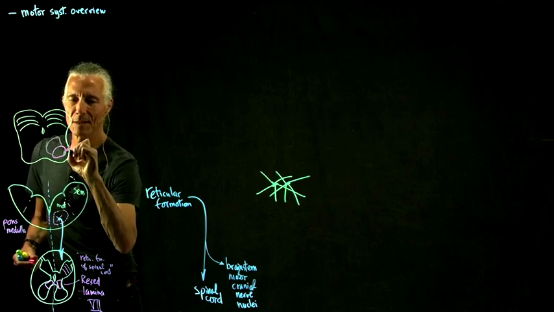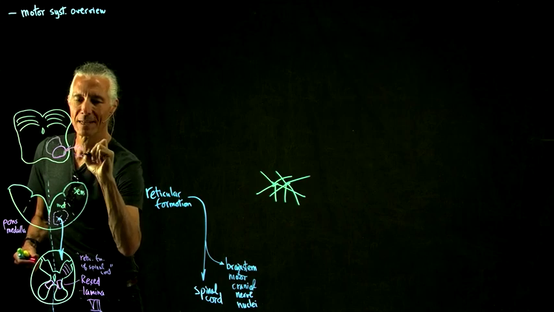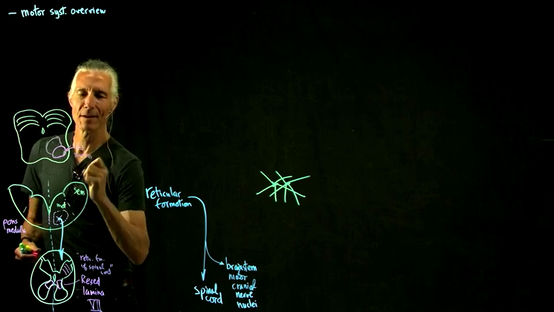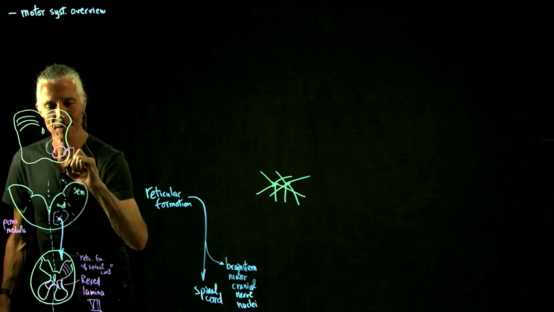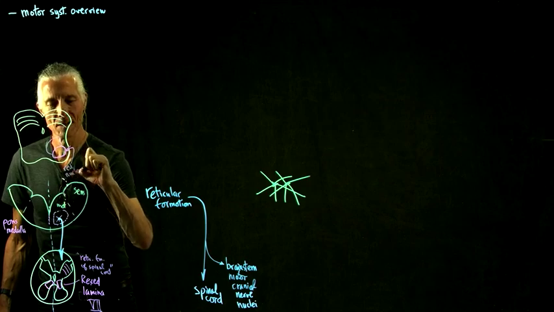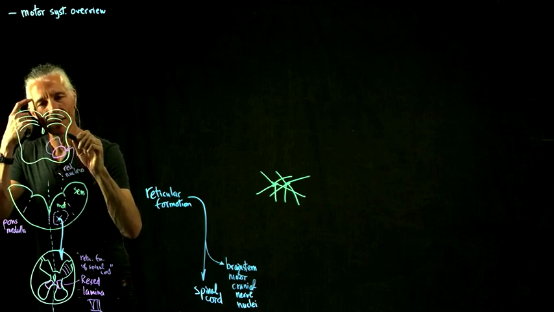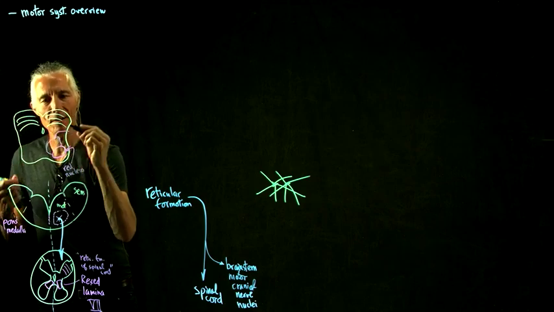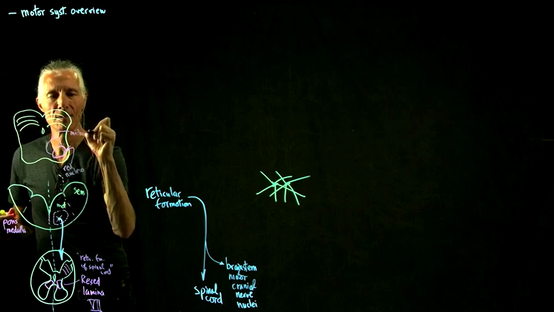We'll talk about that one in a second. That's another major motor output pathway. It's very slightly red, not very red at all. And then this thing here is the midbrain reticular formation.